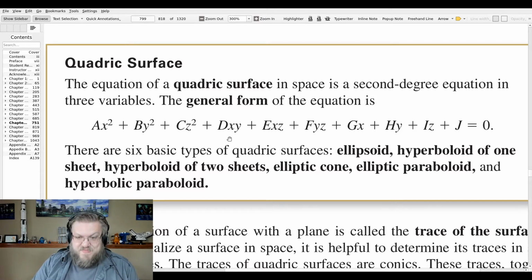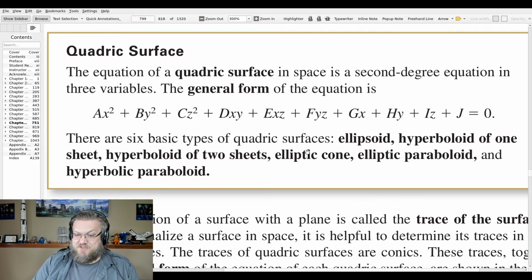So, yeah. What we have here, there's basically 6 types of quadric surfaces, and they all have their names. You're not going to ever be tested on what are the names of these, but we are going to work a little bit with how to work with them, right? So it won't be necessary for you to know ellipsoid, hyperboloid of one sheet by name, hyperboloid of 2 sheets, elliptic cones, elliptic paraboloids, and hyperbolic paraboloids.